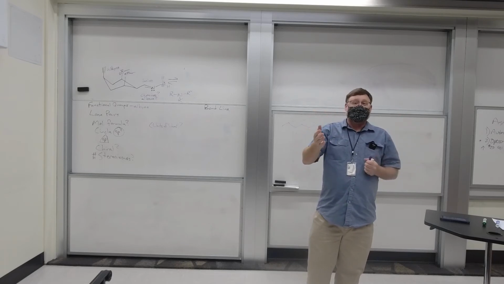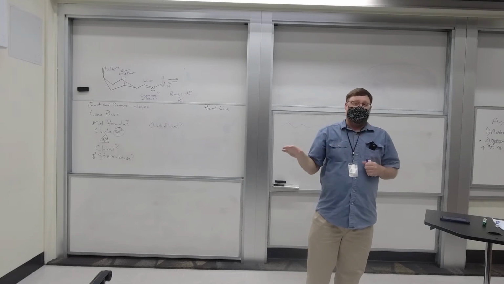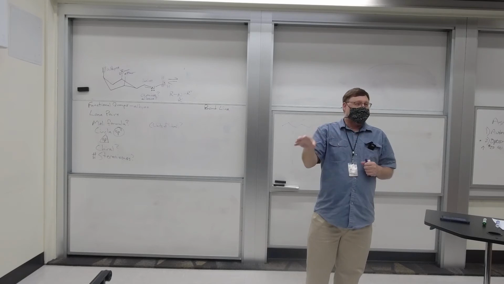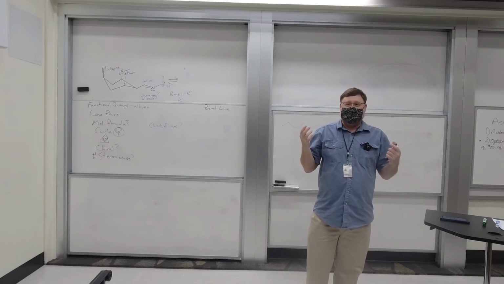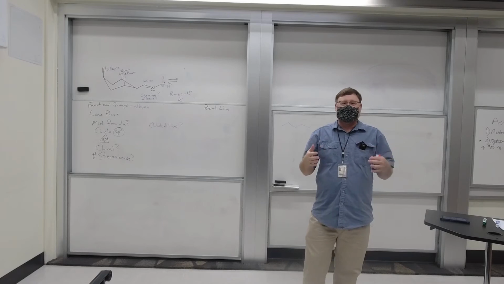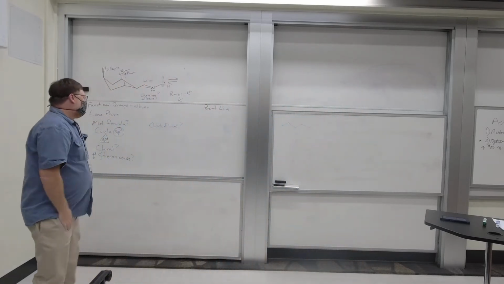The other thing I have to tell you at that point is, here's a structure. All the atoms and electrons are shown. I can't ask you where are the lone pairs and where are the charges, because then you can just do whatever you want, right? You can draw a lone pair in and tell me it's negative. You can not put it in and tell me it's positive. You can tell me there's hydrogen. If I don't tell you all the atoms and electrons are there, you can't do the charges. Okay.